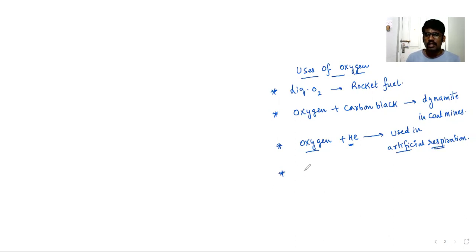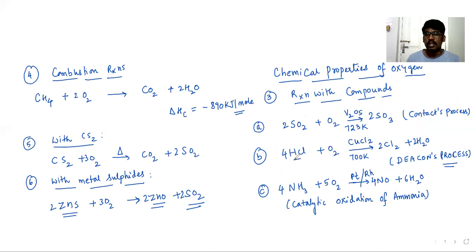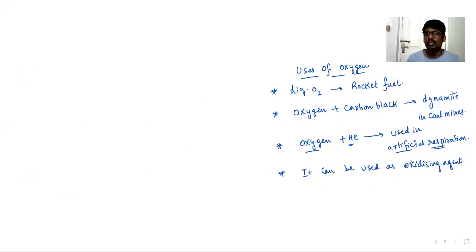And this oxygen can also be used as an oxidizing agent. You can understand that from the reactions, like HCl can be oxidized to chlorine. In that case, oxygen is used as an oxidizing agent also. That is also one of the applications.